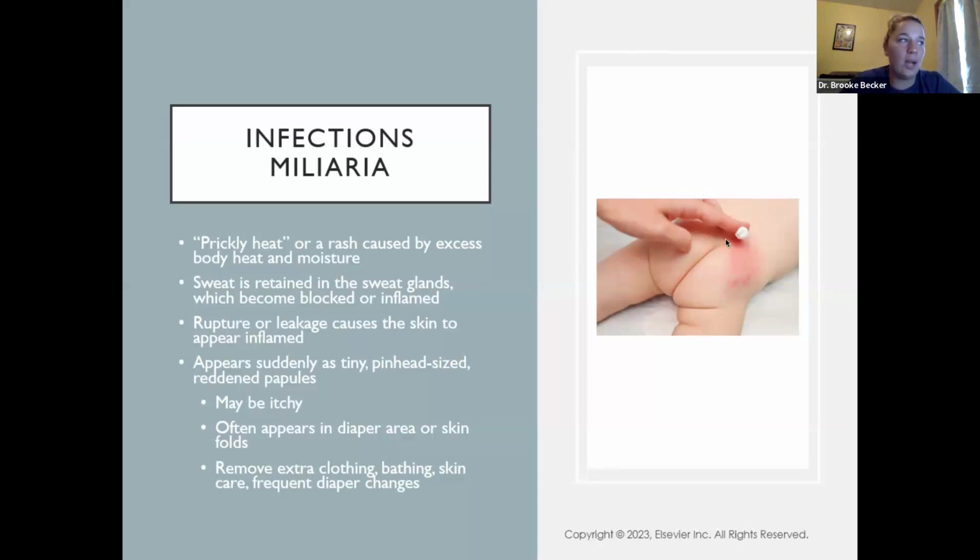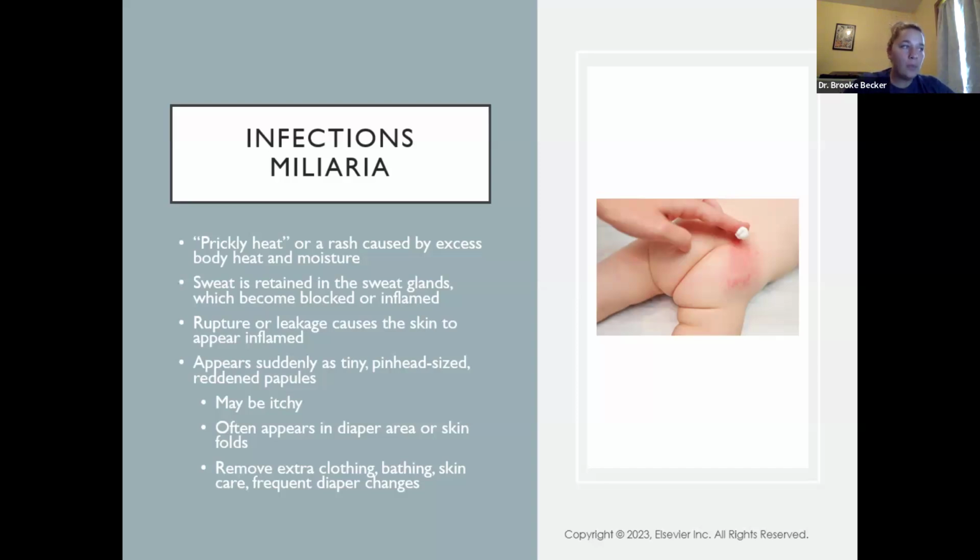So it's going to be a raised rash. A lot of times it's in areas of body heat or excessive moisture, like armpits, back, skin folds. That sweat is retained in the sweat glands, and then the glands become blocked and irritated, and that's where you get that heat rash.